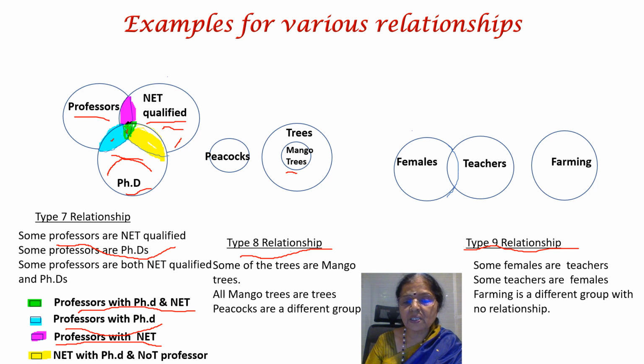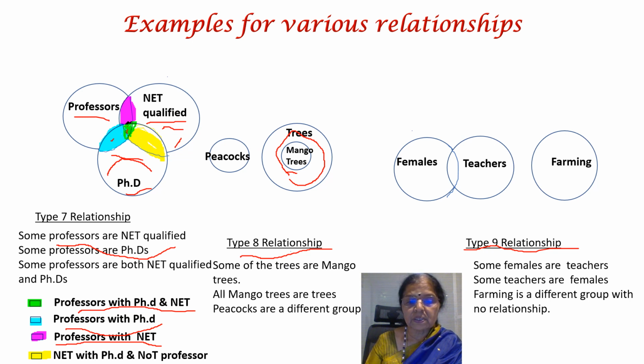All the mango trees are contained inside the bigger group called trees. Okay. And peacocks, of course, they don't come under trees and they don't come under mango trees. So they form the separate group. That is why we got one separate small circle and two circles, and one smaller circle is contained in the bigger circle called trees. So this is the eighth type of Venn diagram.